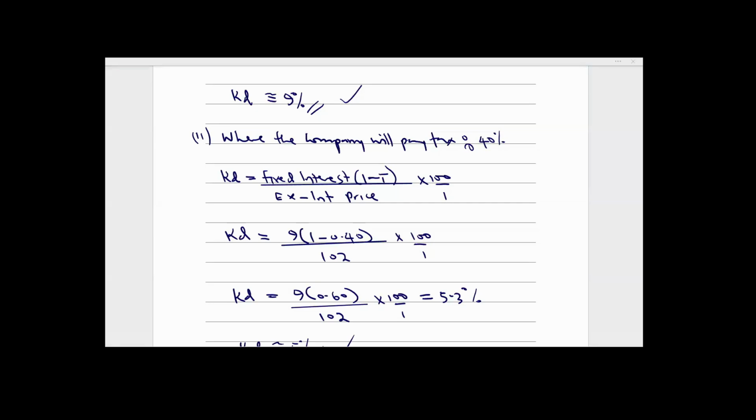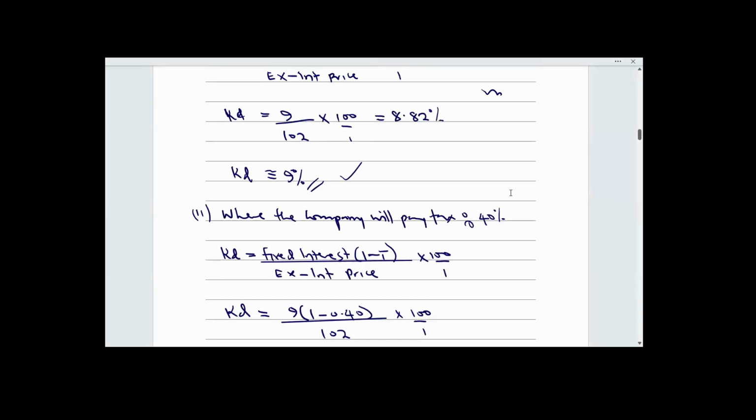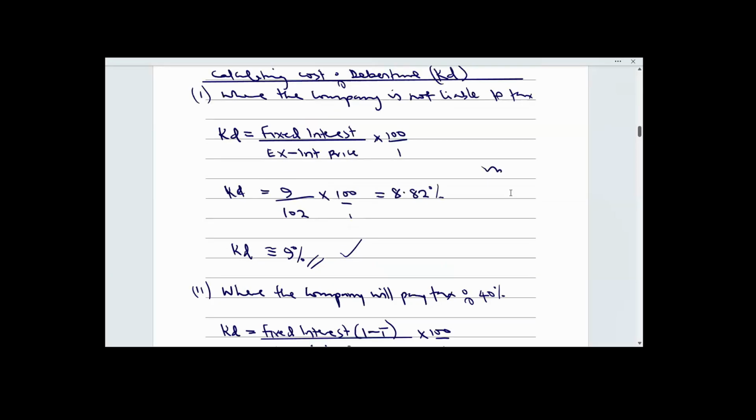So, my question is, you mentioned that we're not using the 900,000. You mentioned that we're using the par value. Yes. 10 million, 9% redeemable debenture. So we're just using 9.